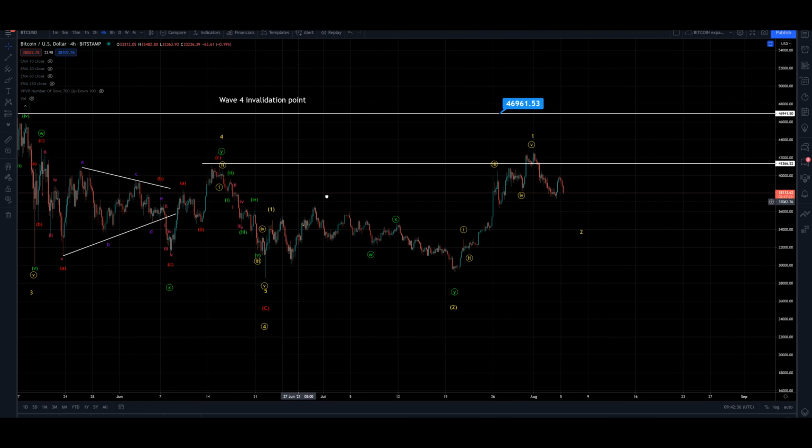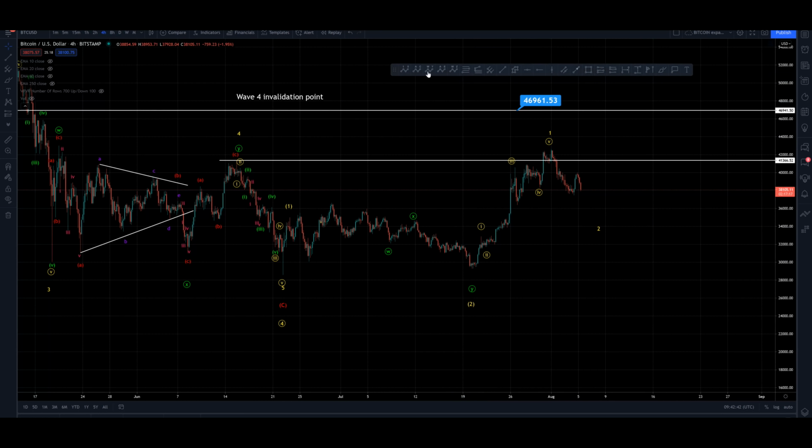This cannot be an ABC. This has to be a combination. If I'm labeling that way, it has to be a combination. Free wave W, free wave X, free wave Y, with a double combination within it. Not something I particularly like to see, but that's the best I can do with it.